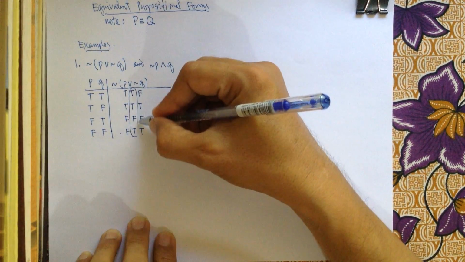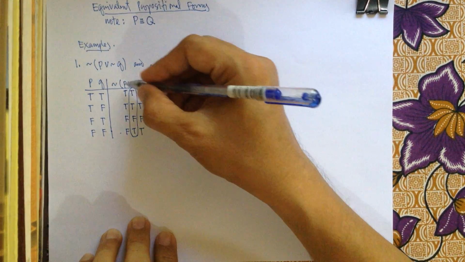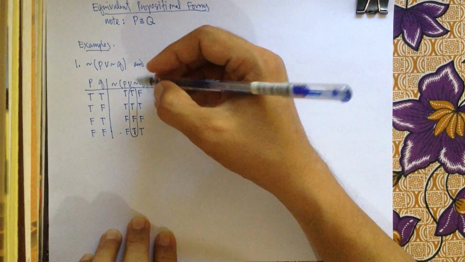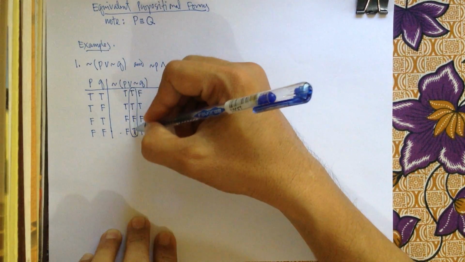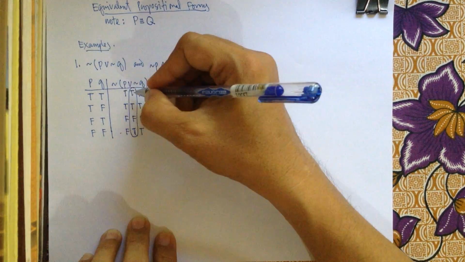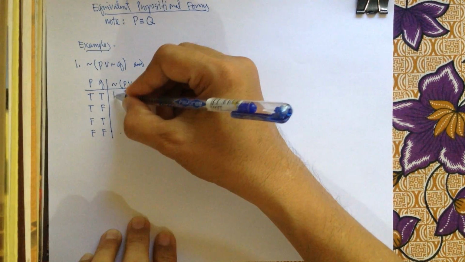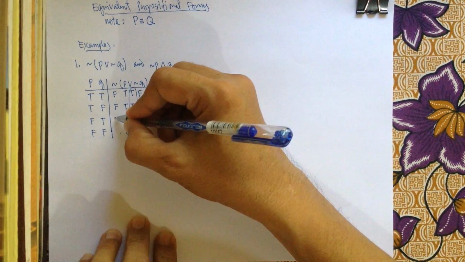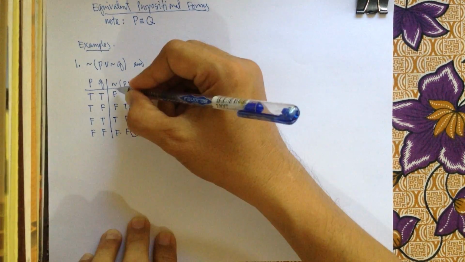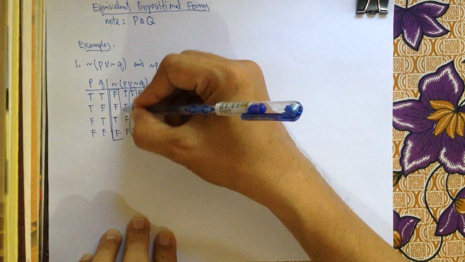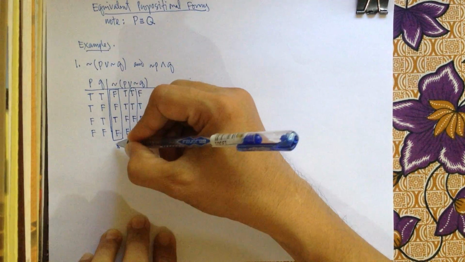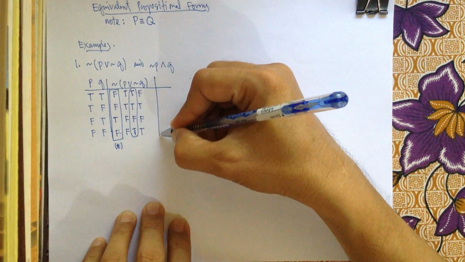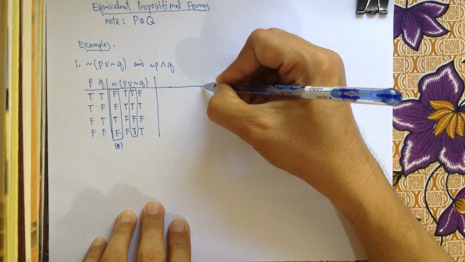Take note of this. We're now going to apply the negation outside, on this column, because this column represents the truth value of P or not Q. So under negation we have false, false, true, and then false. Let's mark this with an asterisk. So that's for our first statement.